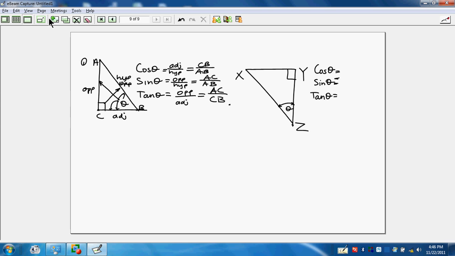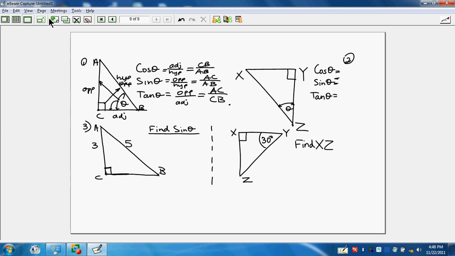Okay, so look at number 2 and see if you could come up with what this cosine, sine, and tan should be in number 2 based on what we just did. If we were looking at number 2, where we had to find cosine, what we would do first is identify which side is opposite, which side is adjacent, and which side is hypotenuse.